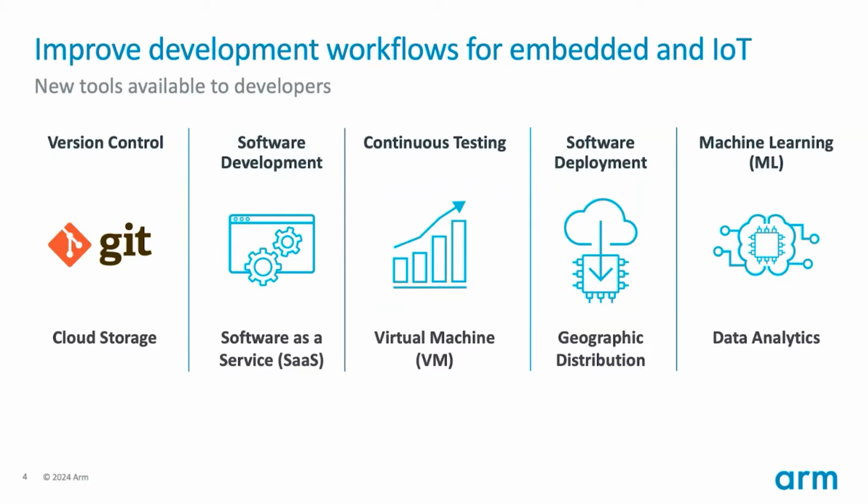But typically, you have a repository hosting service that includes access control and collaboration features for distributed teams. And then for the software development environment, instead of installing an IDE or other software tools on your local device, you could set up access to the cloud service provider where you have something like software as a service. And I will talk about this at the end of the webinar.